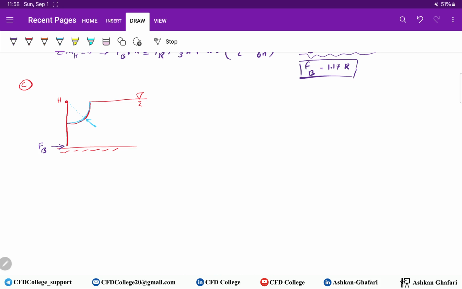So when you want to calculate the moment of this F, you should multiply the F by 0. So this force doesn't create any moment. So we don't need to consider that.